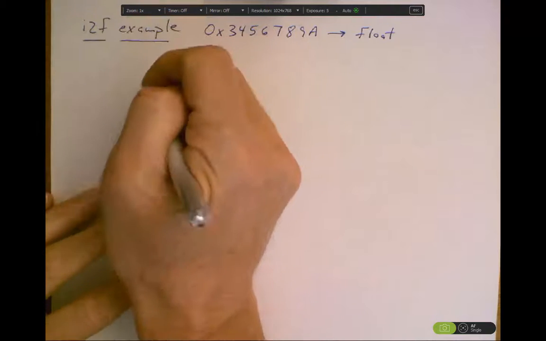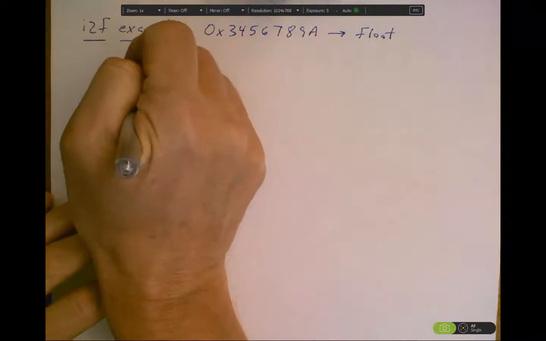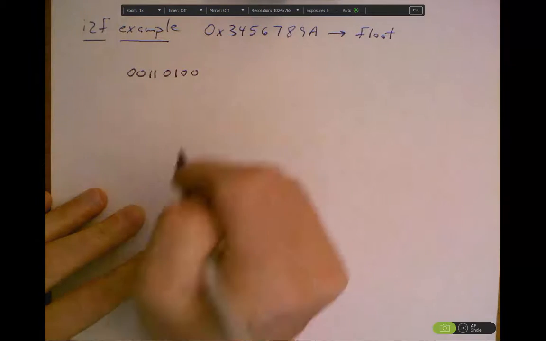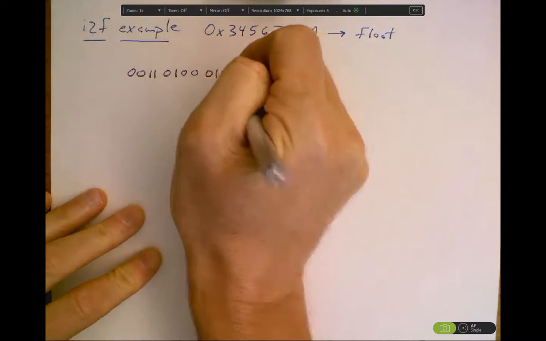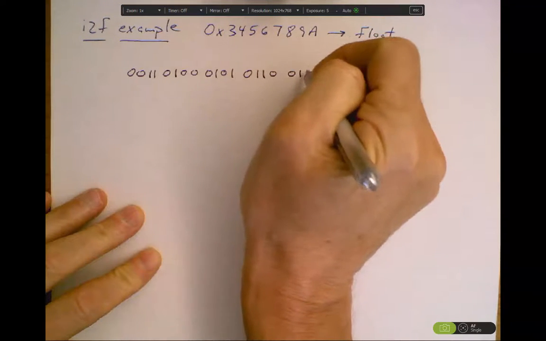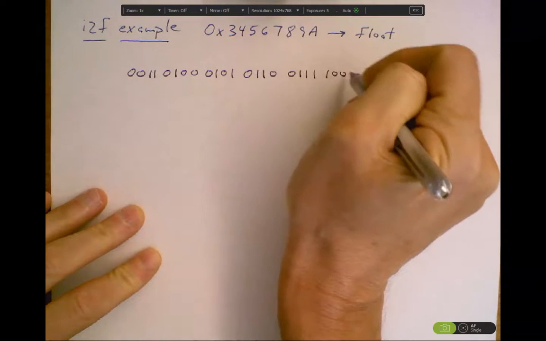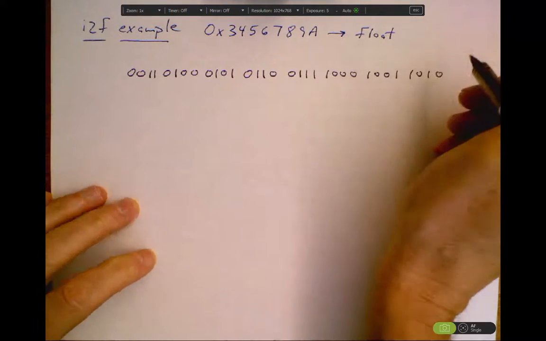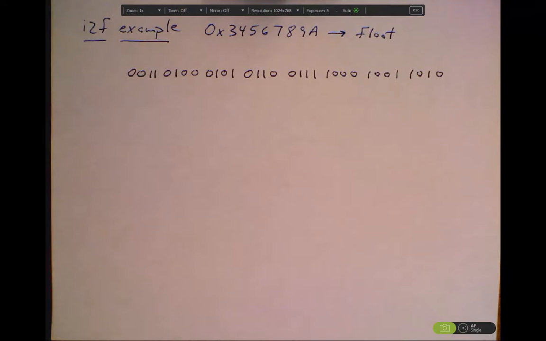Let's start out by just writing the bits down again. Okay, so that's the 32 bits and the integer value.